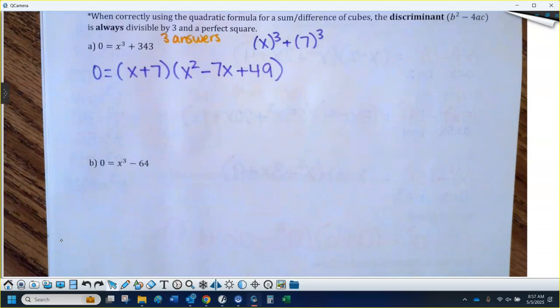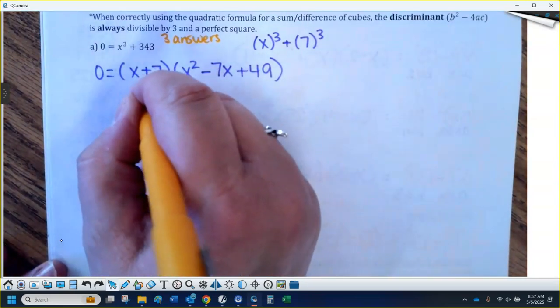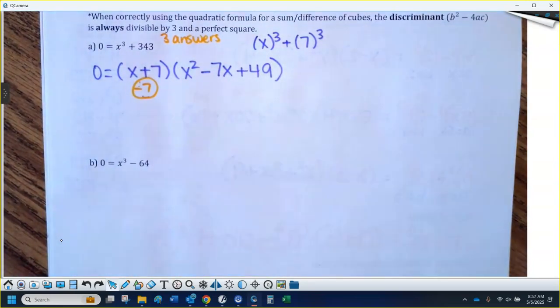Okay. The first part, once you set this up, is super easy because I've got 2 things multiplied together to give me 0. So if the first thing is 0, that would just be right here, just x plus 7. You guys could probably do that in your sleep. That's negative 7. Negative 7 is going to be one of my answers. The other 2 answers, if you've set this up correctly, are always imaginary.